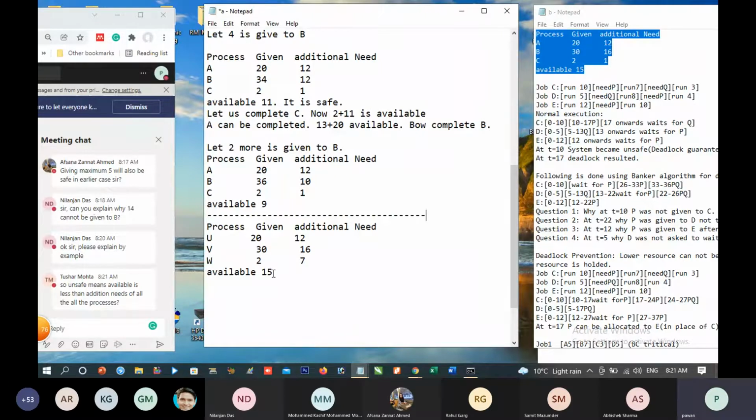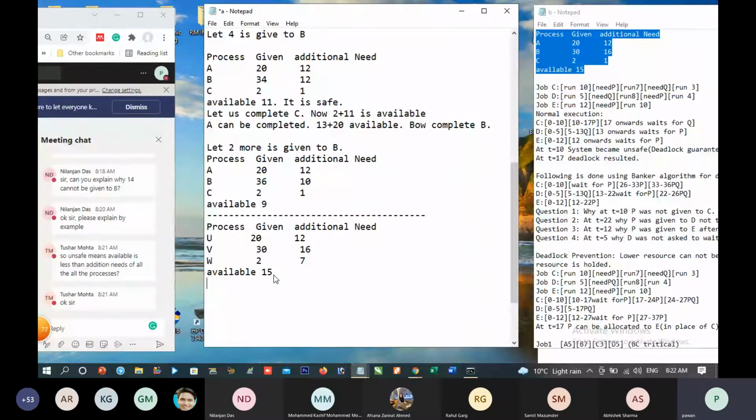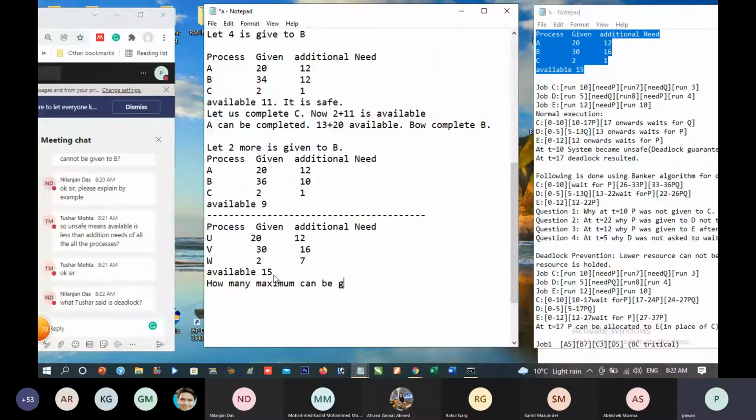Is it correct? Whether it is correct or not, how many maximum can be given to you? Tell me. Answer this question.